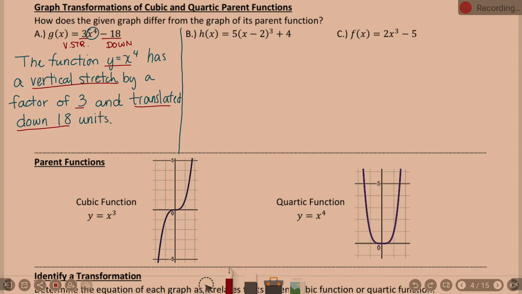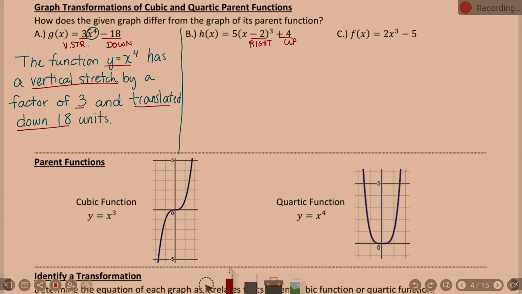The function's being translated right 2 units. You guys remember that one? A number added or subtracted inside the parentheses with the x is opposite the sign, left or right. So that minus 2 is going to be a right 2. Good. What about that number at the end? The number added or subtracted at the end is up or down, the direction of the sign. So that's going to be up 4.